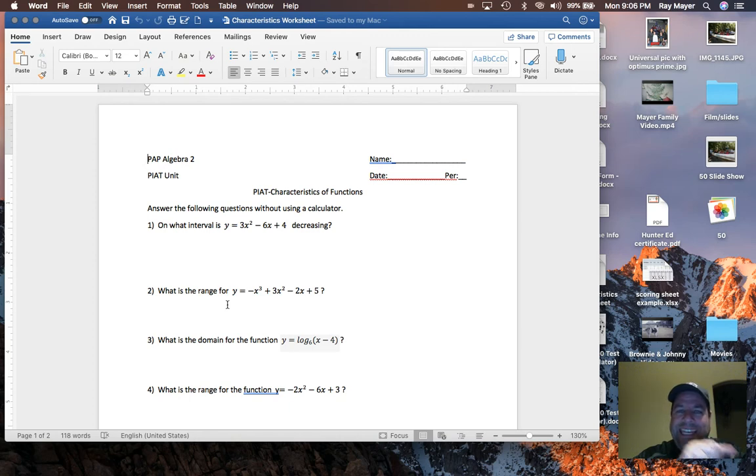Again, I need that done by Wednesday morning. I'm going to send a reminder. I'm going to send an email, and I'm going to have it on this right here. This assignment right here, the characteristics of functions, is due Thursday morning. And then, of course, I'll have something else for you Thursday morning for Thursday's assignment.